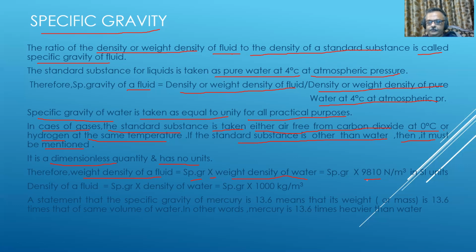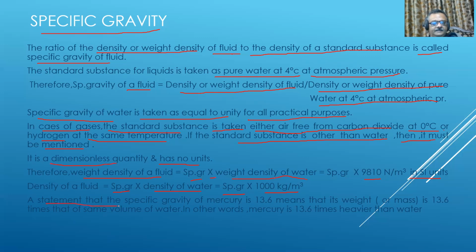When you convert it into Newton, it comes out to be 9810 Newton per cubic meter in SI units. So, density of a fluid is equal to specific gravity into density of water. That is specific gravity. So, density of water is 1000 kilogram per cubic meter.